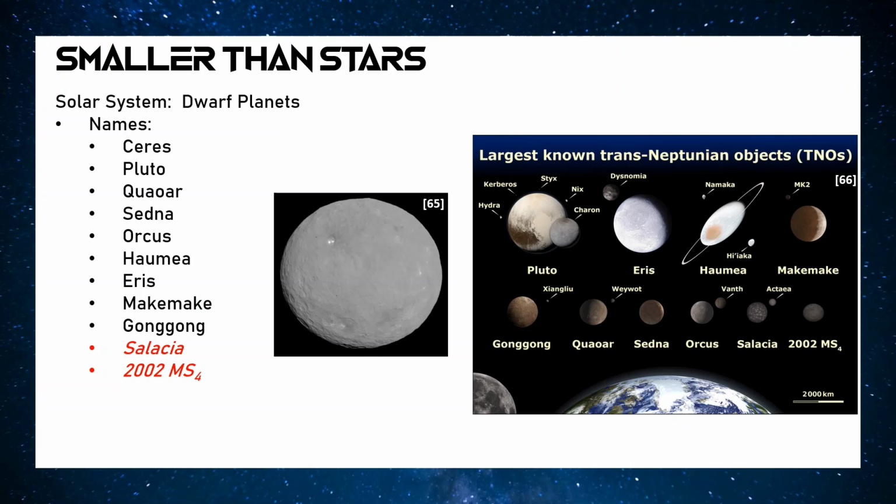Eris, Makemake, Gonggong, and then possibly Salacia, and then 2002 MS4. These are not, I think, for sure dwarf planets. The rest are more likely to be dwarf planets. They might be too small to even be a dwarf planet, but that's where it stands right now.